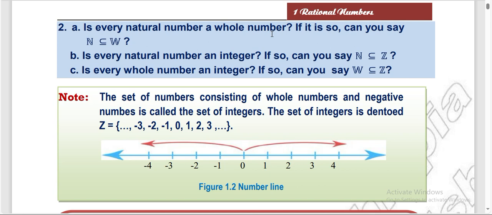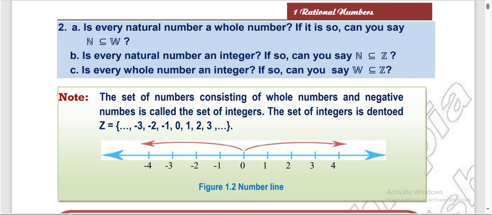Yes, natural number is a subset of whole number, but every whole number is not a natural number, except 0. So you can say natural number is a subset of whole number. Yes, it is true. Is every natural number an integer?